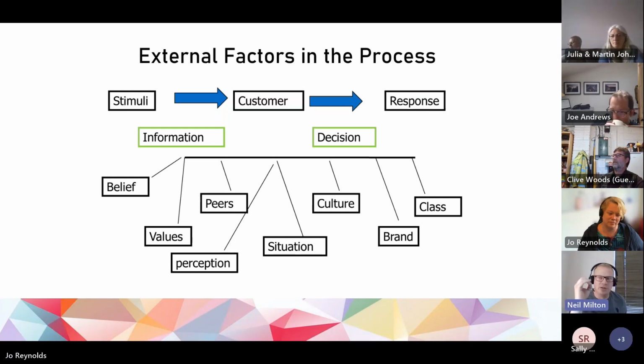If we look at this from a selling point of view, are they looking for local? Are they looking for national? Are they looking for vegan? So it's things like vegan, low carbon footprint, net zero, buy local to support local. Absolutely right. That's what I was trying to get at, Neil, those sorts of things.